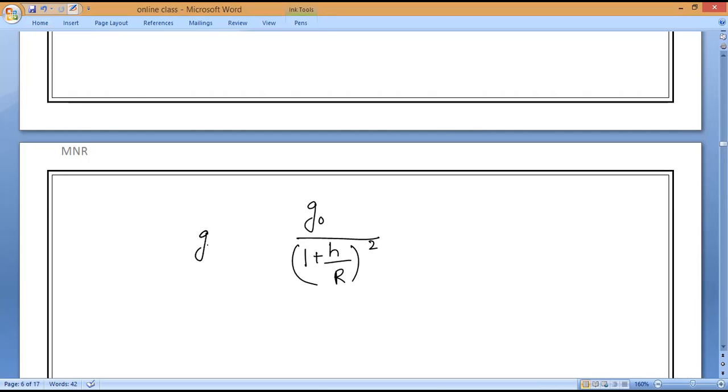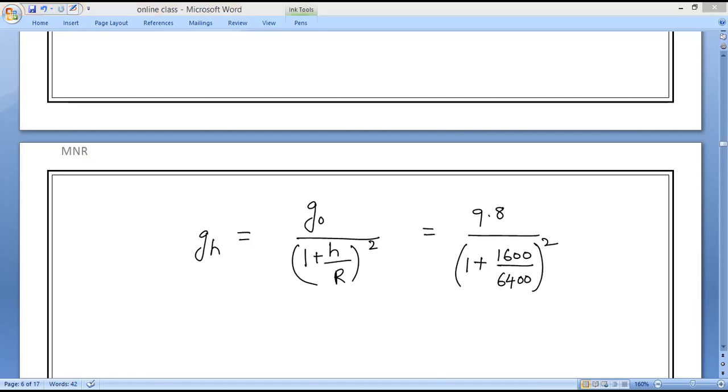So I'm taking g_h. g_h is equal to 9.8 divided by 1 plus h by R, the whole square, that is 1600 divided by 6400, whole square. Do it fast, everybody.